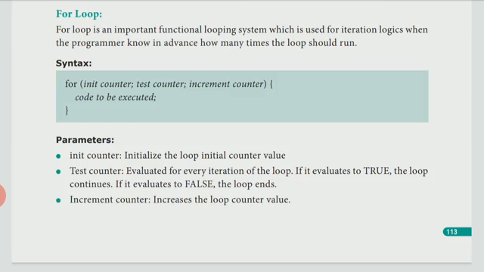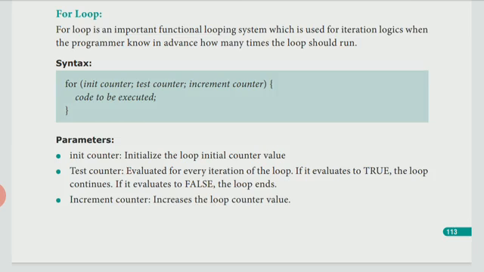Now the syntax is for, with the initial counter, that is the initialization value, then the test counter, then the increment counter. So three parts we are using here: initiate counter, test counter, increment counter.